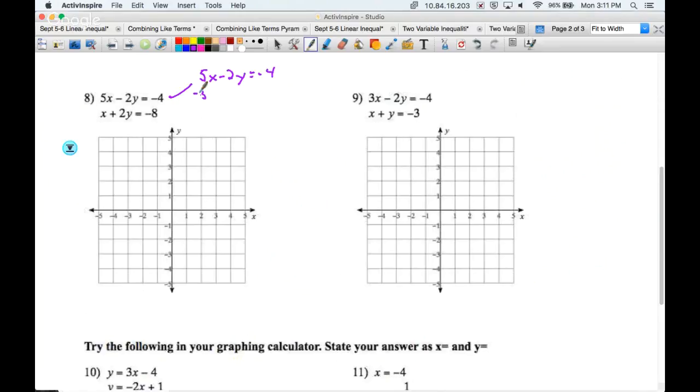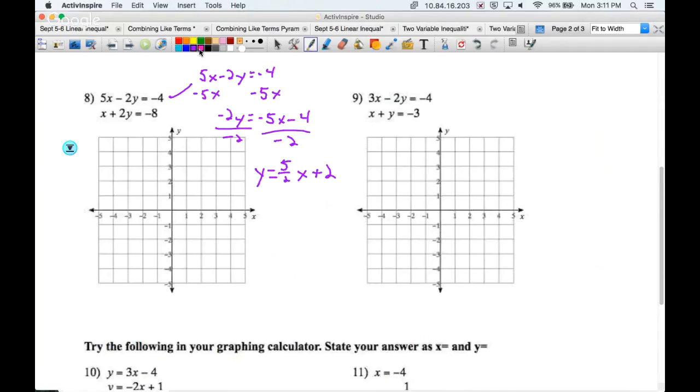To get slope-intercept form, I might subtract the 5x from both sides. And divide both sides by -2. Now y is by itself, and the other side looks like slope-intercept form. y equals 5 halves x plus 2.